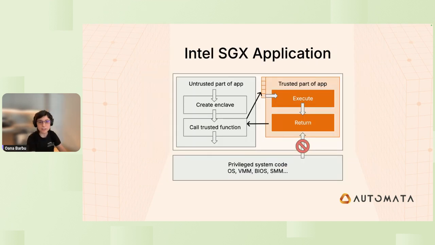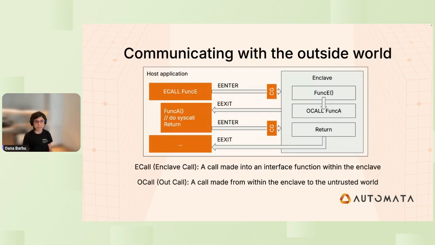For example, here, when we call the trusted function inside the trusted part of the application, we are basically making an e-call. And if the enclave wants to call this function A, which resides in the untrusted part of the application, then it will make an o-call.